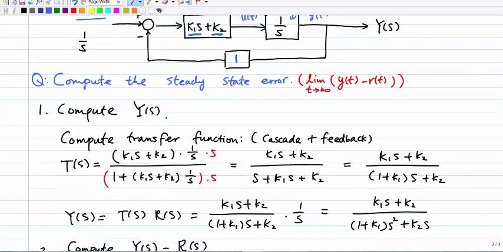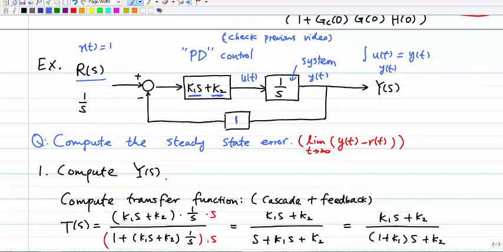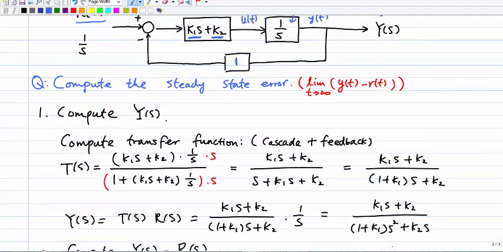So my y sub s is the transfer function times the input r sub s, which is k1s plus k2 divided by 1 plus k1s plus k2, times 1 over s. Remember my input r sub s is 1 over s. So this is k1s plus k2 divided by s times 1 plus k1s plus k2, and if you do the product, you get s squared plus k2s in the denominator.